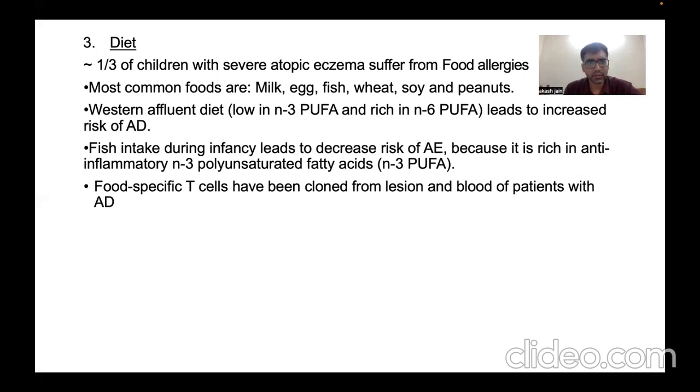Western affluent diet is low in polyunsaturated fatty acids and rich in N6-PUFA, which leads to increased risk of atopic disease. Fish intake during infancy leads to decreased risk of atopic disease because it is rich in anti-inflammatory omega-3 polyunsaturated fatty acids. Food-specific T cells have been cloned from the lesion and blood of patients with atopic dermatitis.